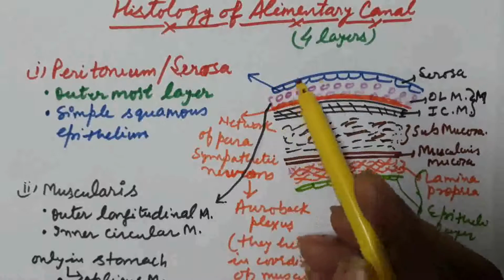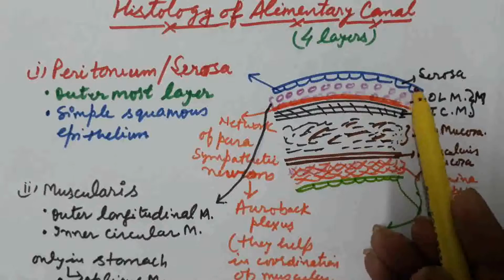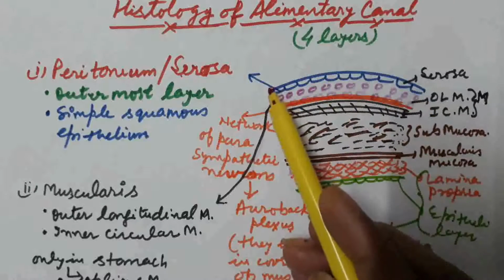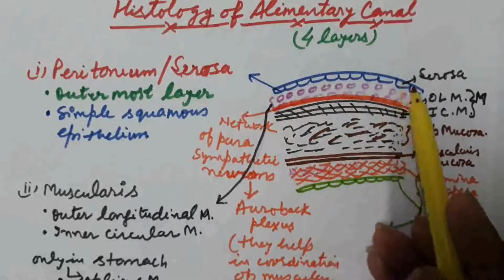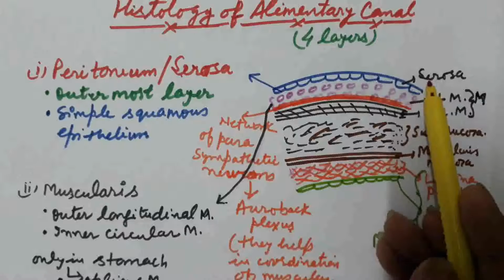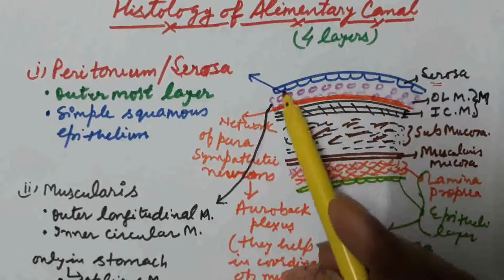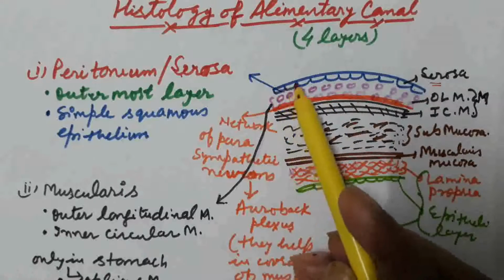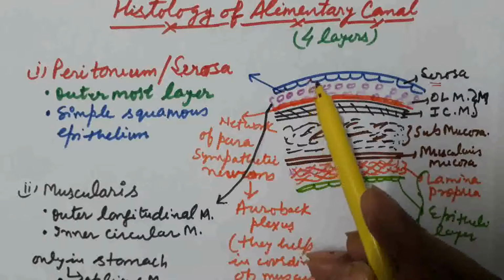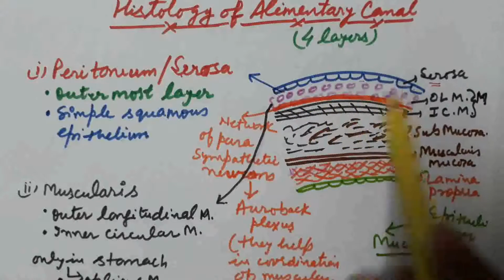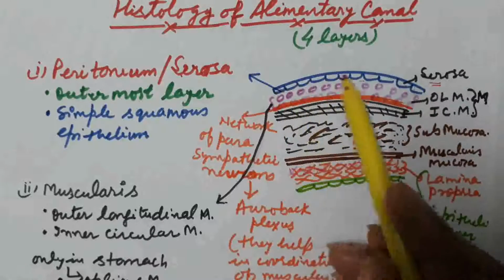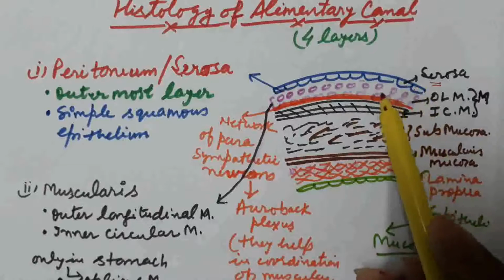In case of the alimentary canal, we call it serosa or peritoneum. It is made up of single layered squamous epithelial cells, that is, the flat cells constitute the outermost layer of the alimentary canal.